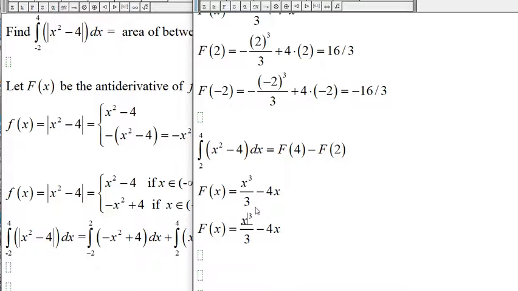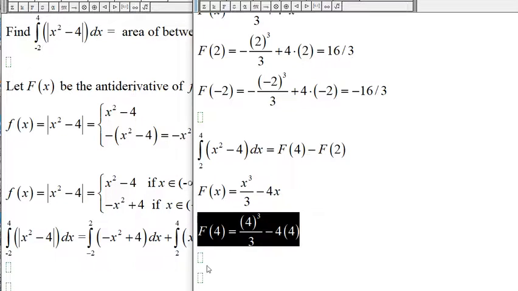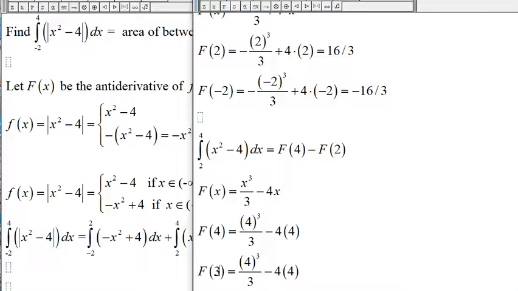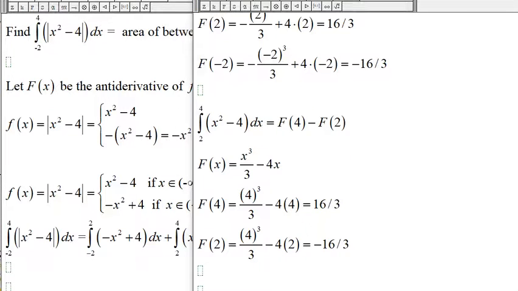And then we need f of 4, and then we need to evaluate the antiderivative at 2. And then simplify on a scientific calculator, and we'll get 16 thirds for f of 4, and for f of 2 we get negative 16 thirds.